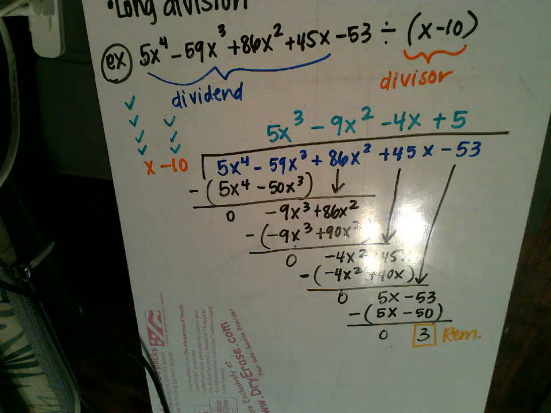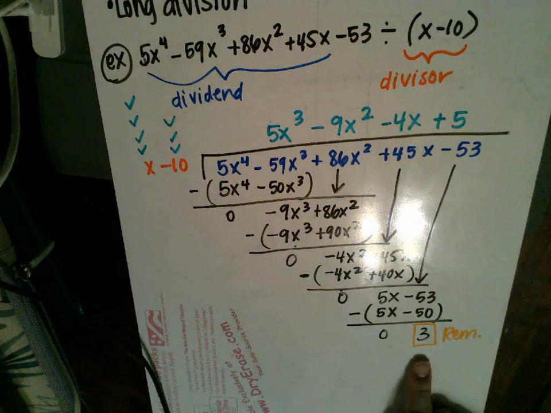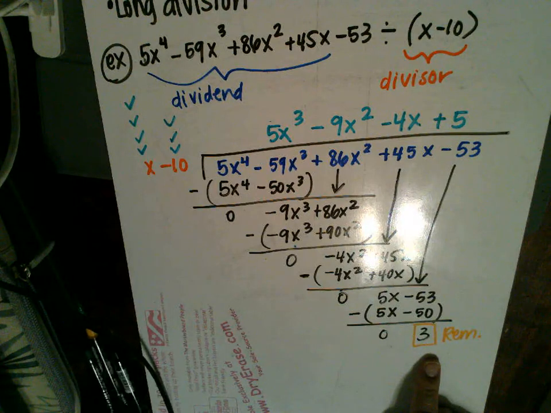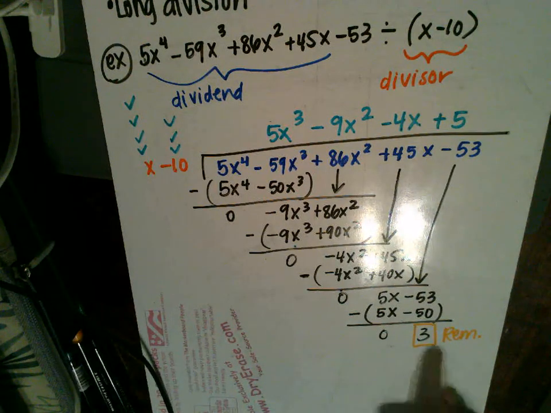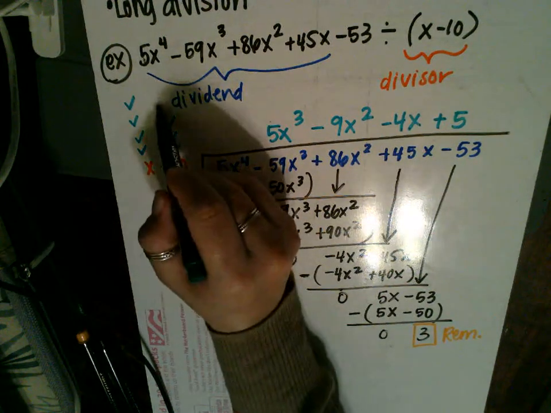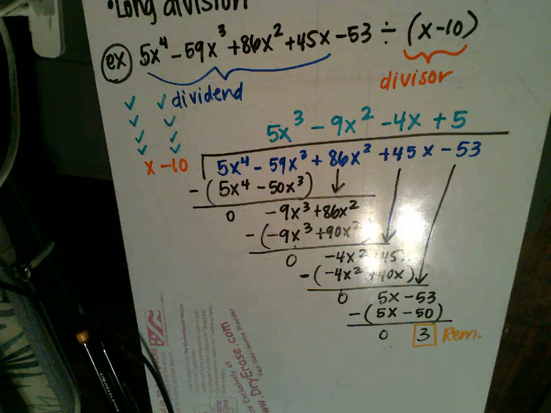of 3. So sometimes you get a remainder of 0, meaning it divides nicely. Sometimes you get any number at all, and that's your remainder, meaning it does not divide nicely. But we can still write these two things as a product, believe it or not.